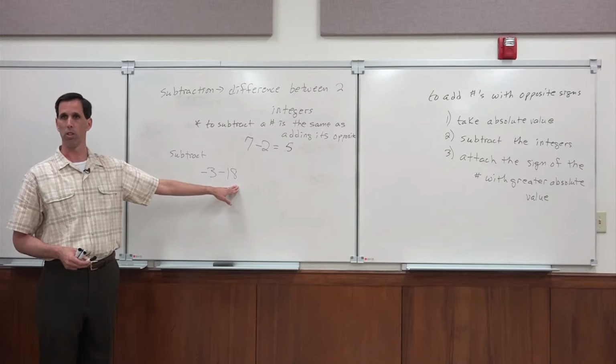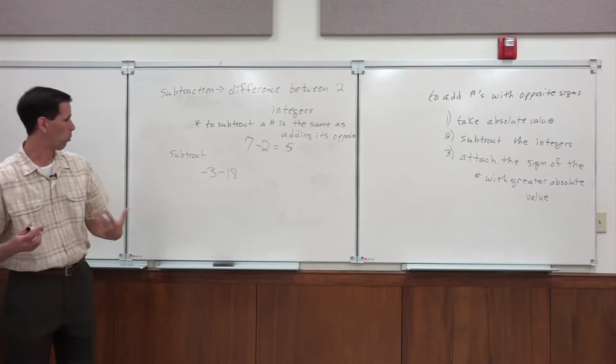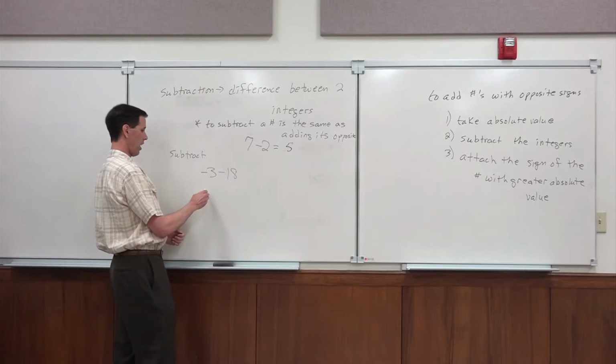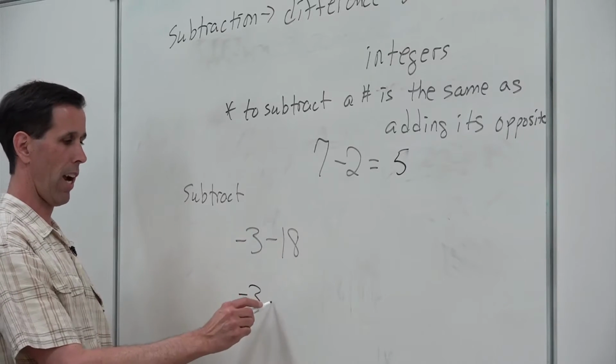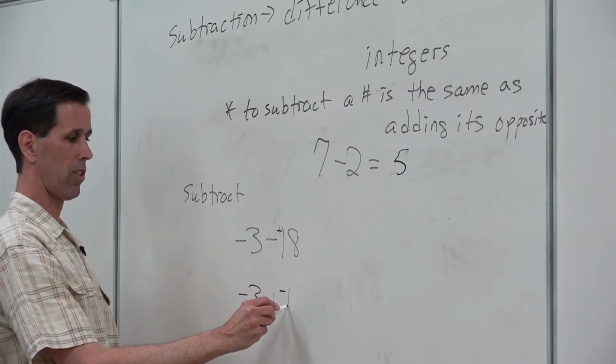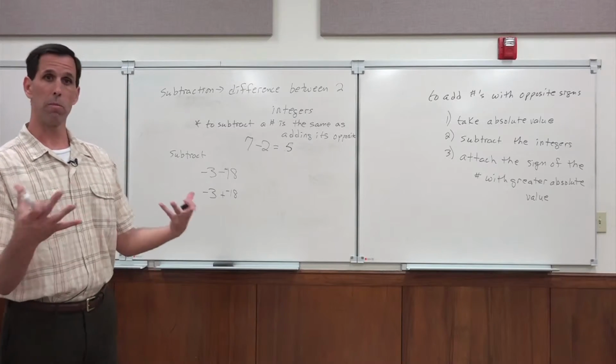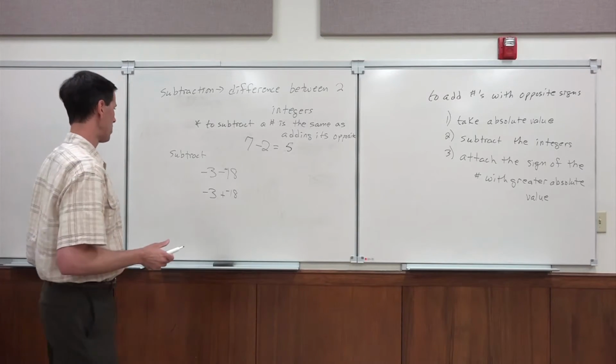So you're trying to figure out how much you owe them. So what you could do here to make things a little more workable is you could say, this is the same as saying negative 3. If I change subtraction to addition, I've got to change the sign. This is a positive 18, so that would be the same as doing negative 3 plus negative 18. And we just talked about addition, so now we can just go back to help you add them.